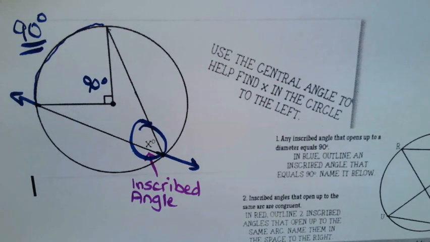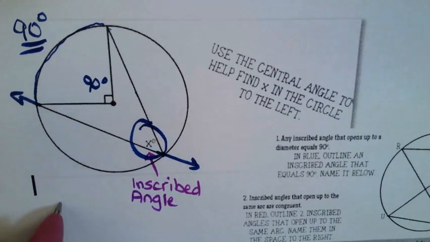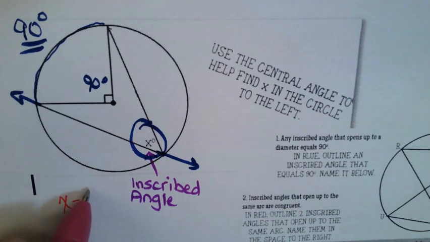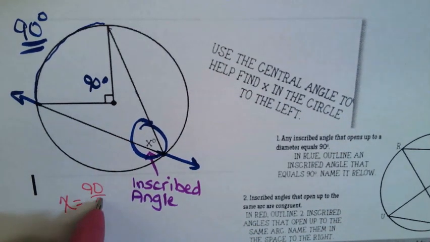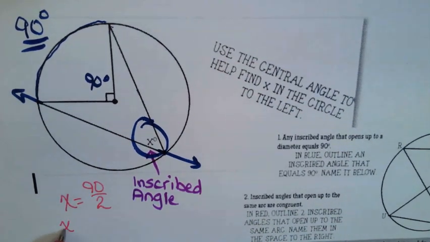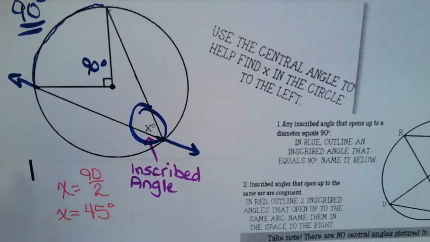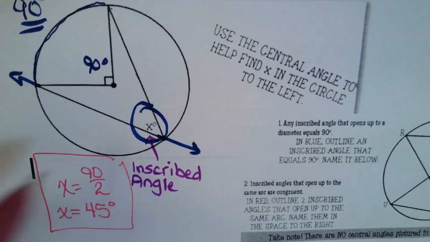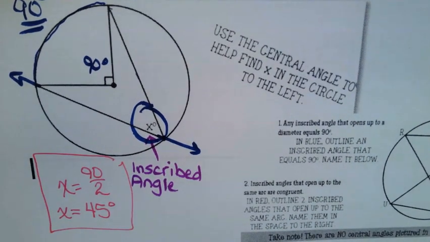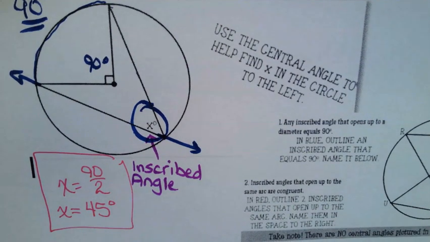So this inscribed angle is going to be equal to 90 over 2, which is 45 degrees. And I do need to see this on your paper. I need to see where you're getting that 45 degrees, at least for these first couple assignments, okay?